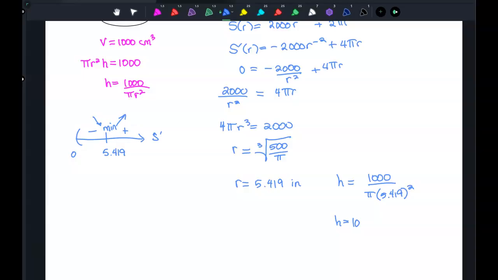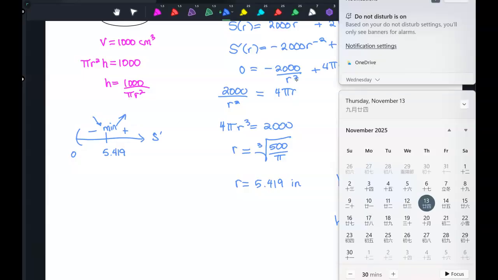Somebody have it? Don't use the rounded number. No, I'm not using it. 10.8385, 838, 49.